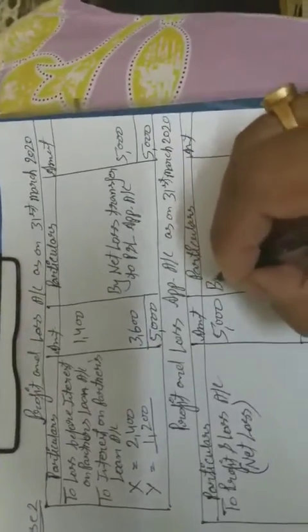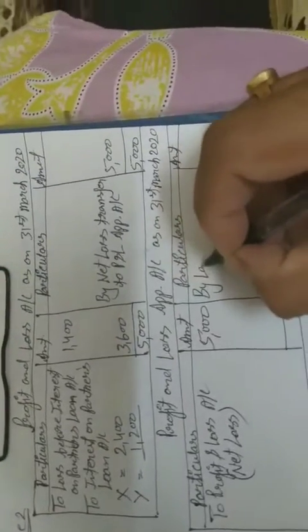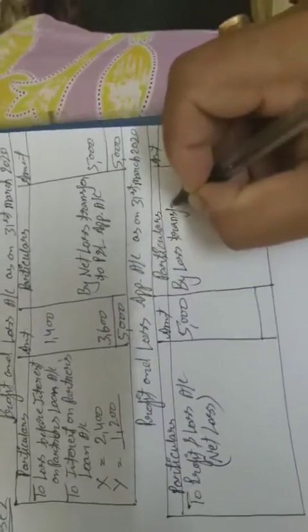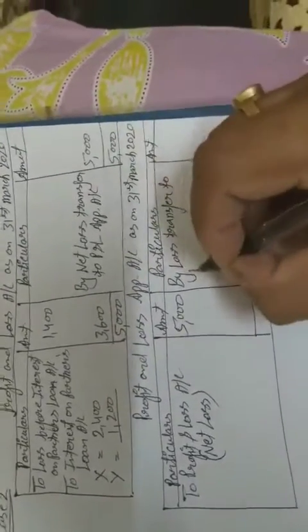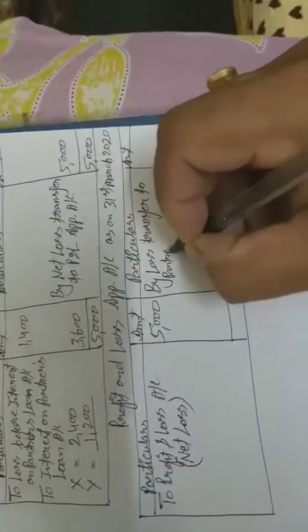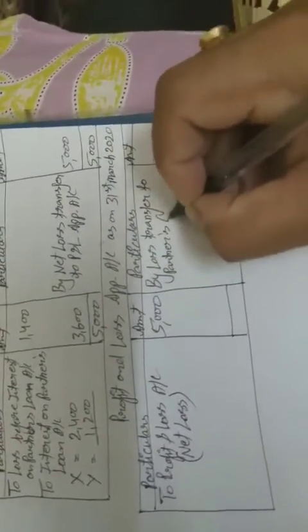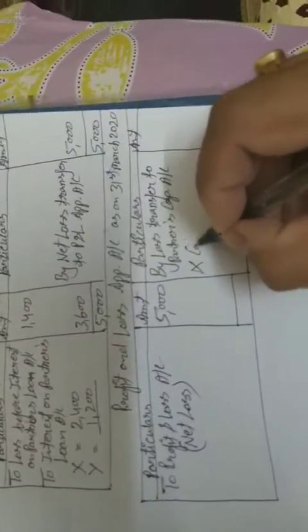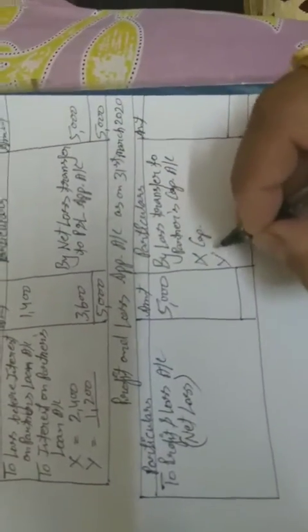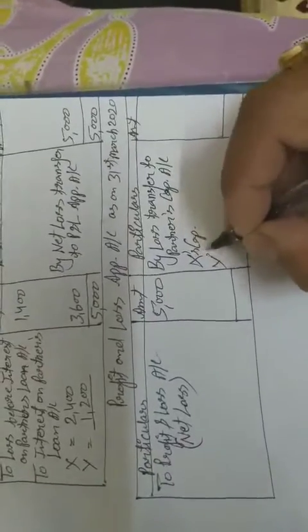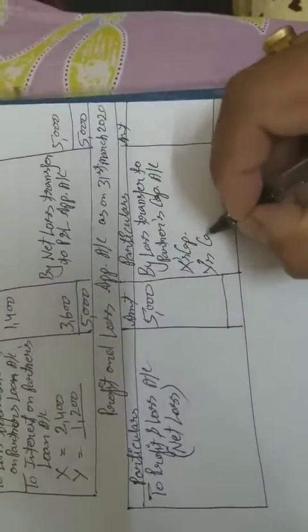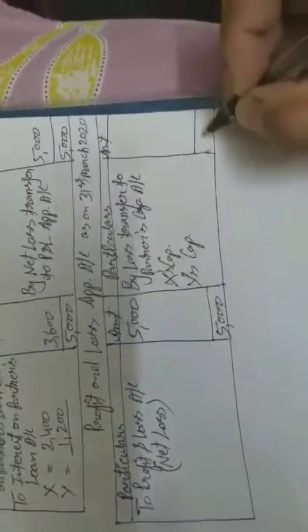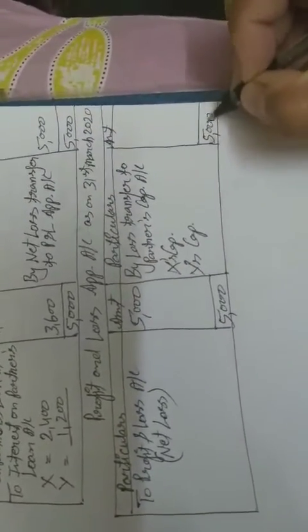So by loss transferred to partners' capital account, X's capital and Y's capital, 5,000.